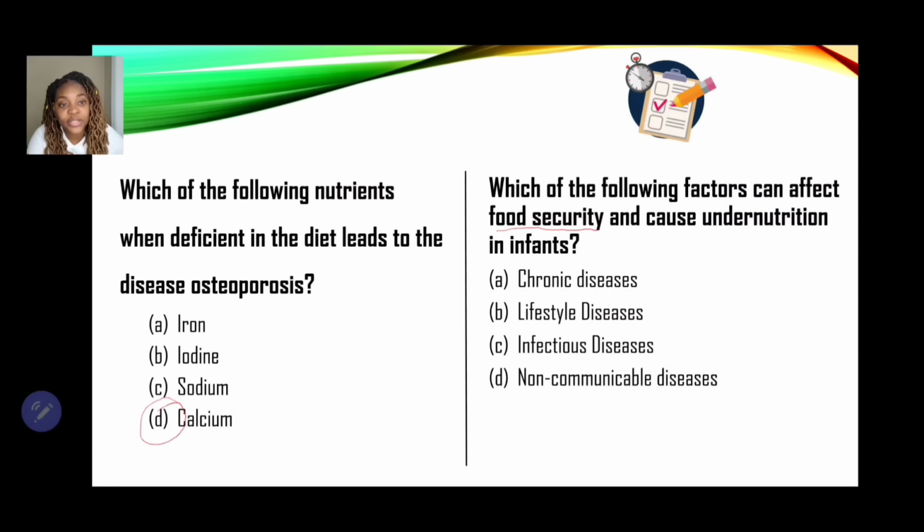Now, the correct response here is C, which is infectious diseases, such as, let us take a look at what is happening now. So we're maybe speaking of COVID-19, right? That is an infectious disease. Now, do you notice at some point, even now, there are some products that are not available at the market because some persons are what?